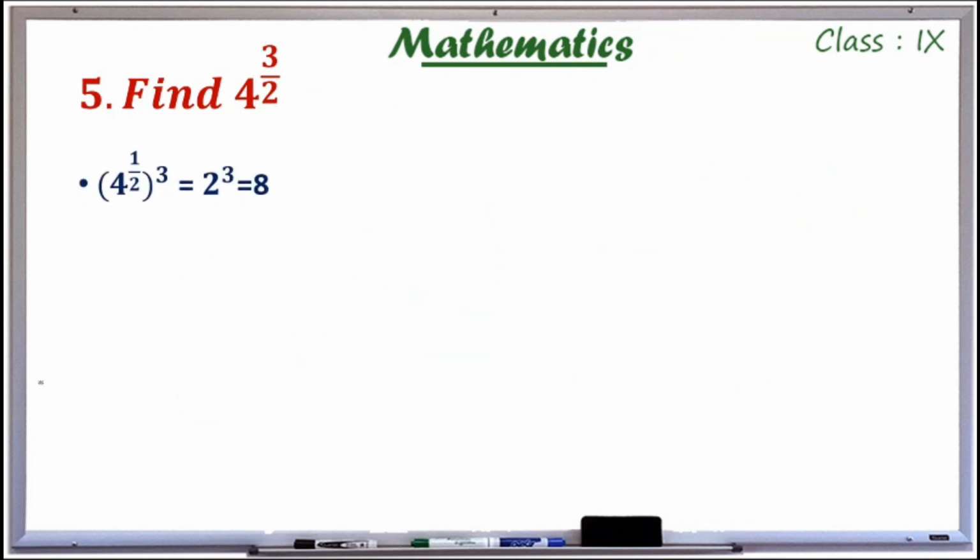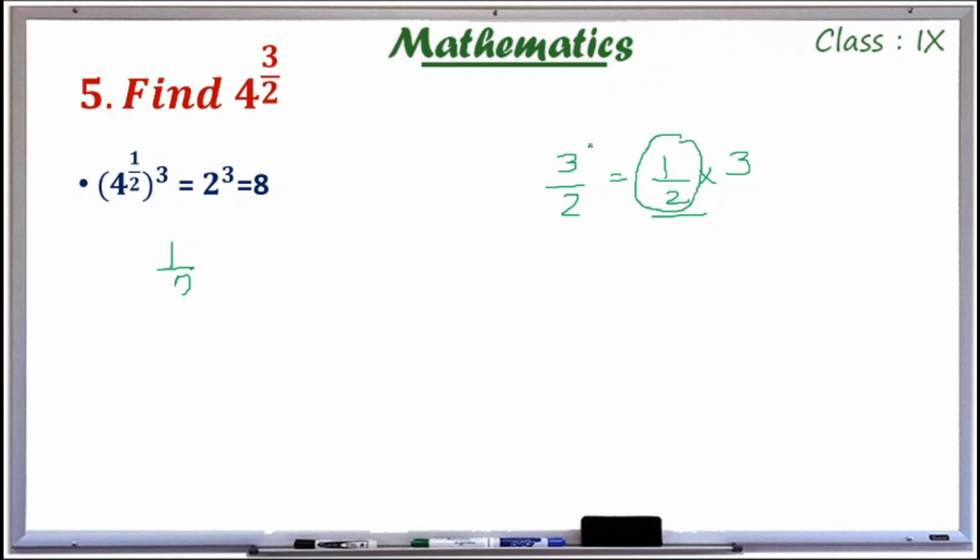So first I convert 4 raised to 3 by 2 as 4 raised to 1 by 2 into 3. The first step is splitting this fraction as 1 by 2 into 3, because we need 1 by n as the power.